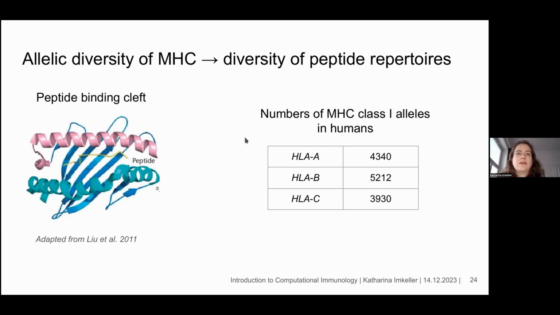To give you some numbers, currently for MHC class 1 molecules in humans, there are several thousands for each of the A, B, and C genes, several thousands of different alleles that are known. So from a bioinformatic and computational point of view, it is interesting to leverage resources that help you annotate those alleles.